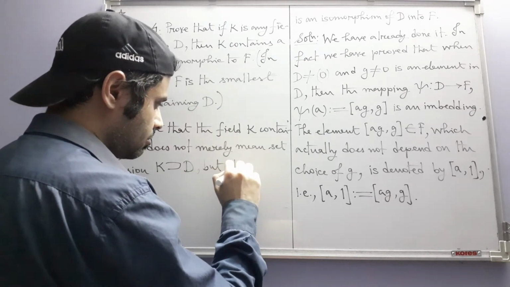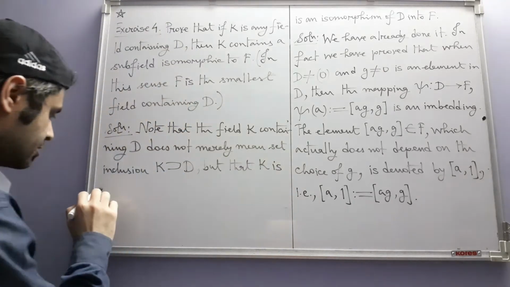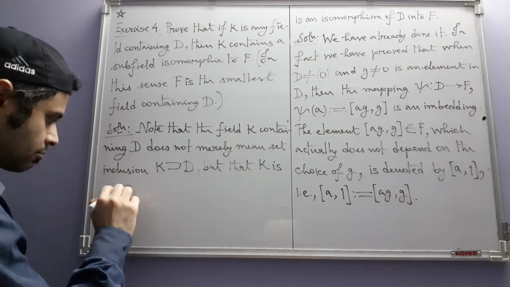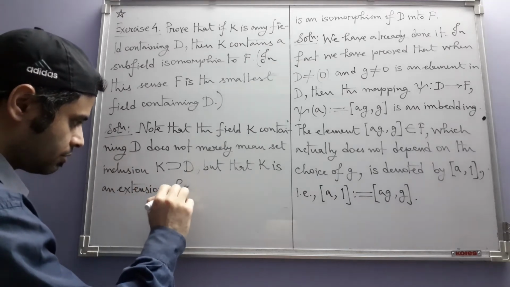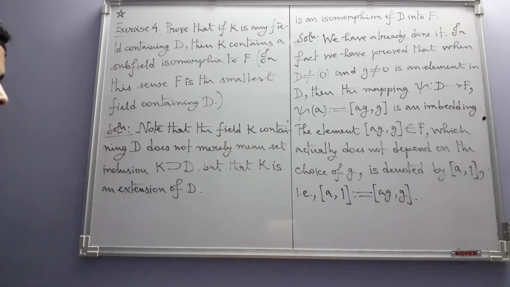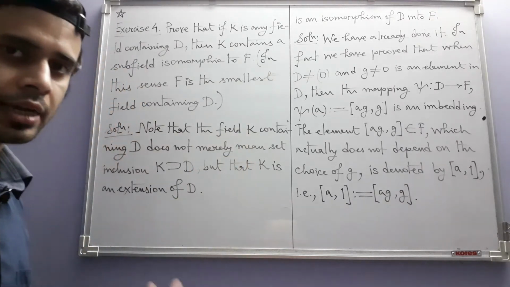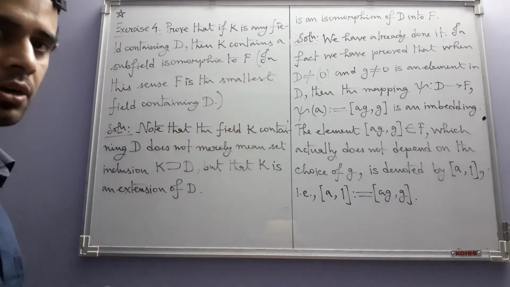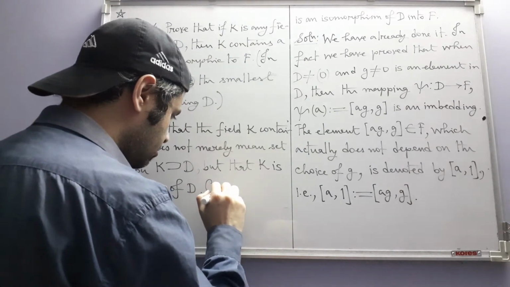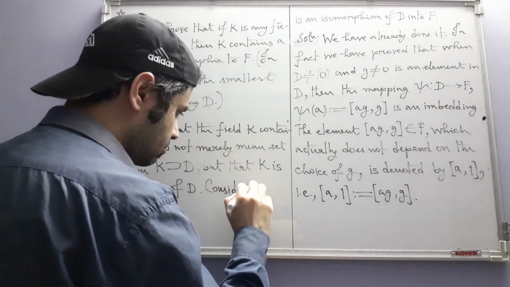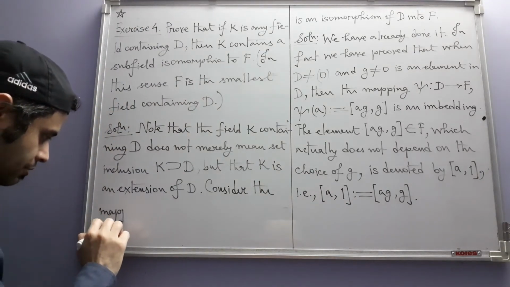but that K is an extension of D. We will now have to prove that K has a subfield that is isomorphic to F, the field of quotients of D. So consider the map or mapping, whatever you may call it.